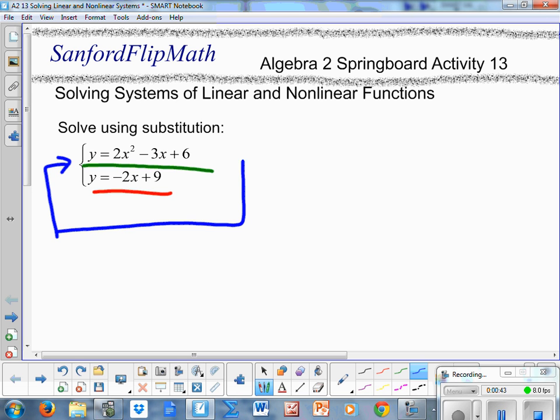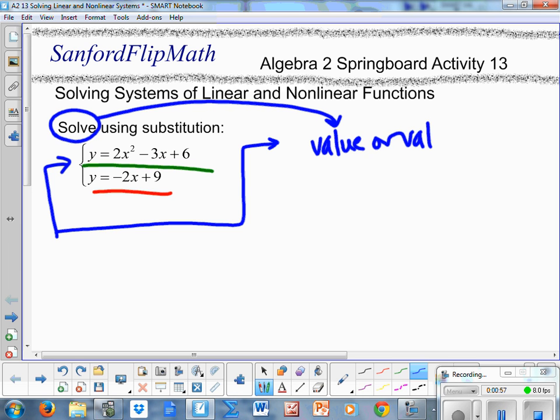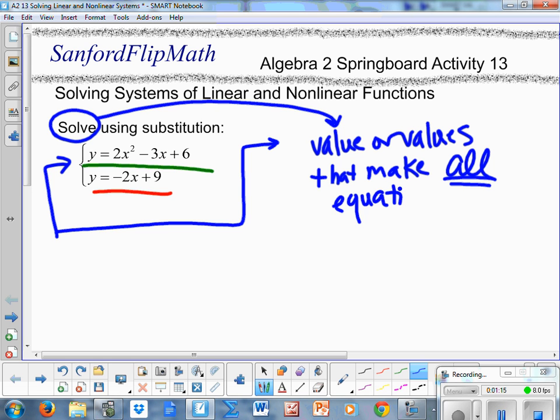When we are trying to solve a system, we are trying to find the value or values that make not one, in this case both, but in all cases, equations true.